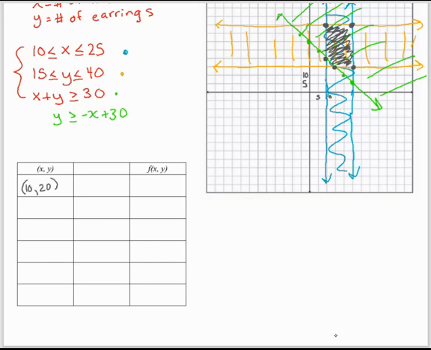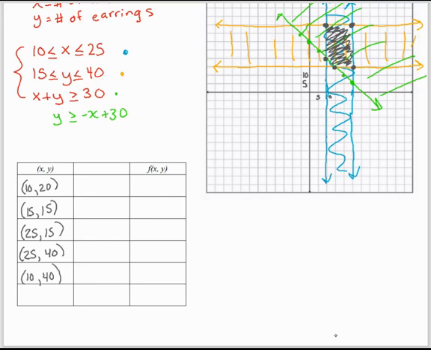Then I have 15, 15. Just going over towards the right now. There's 25, 15. Above that is 25, 40. And then the top left one will be 10, 40.